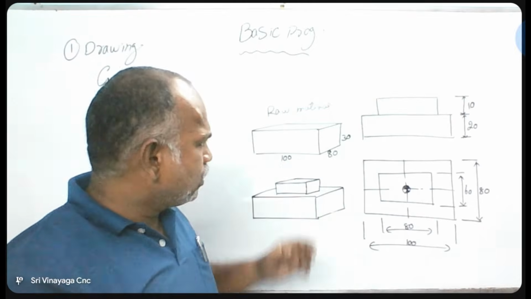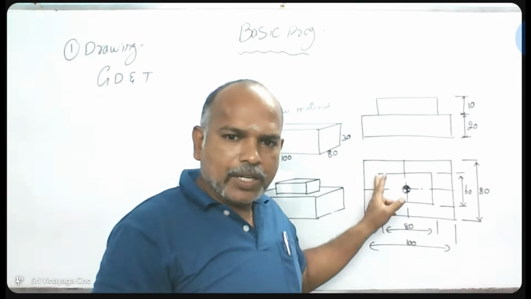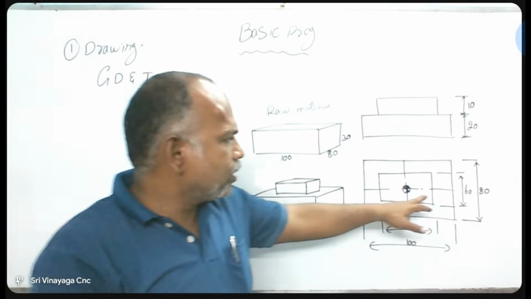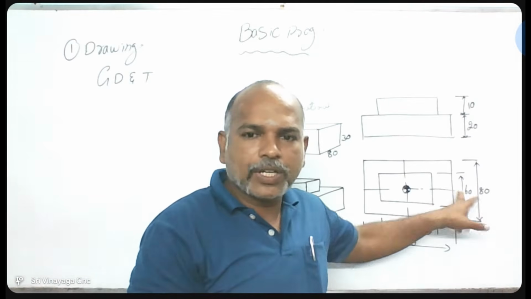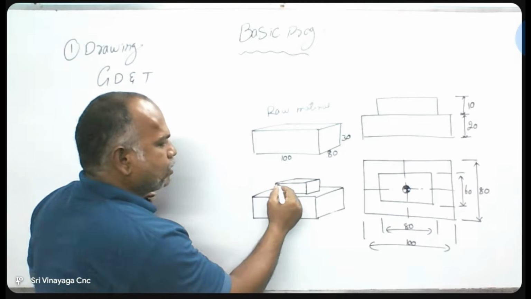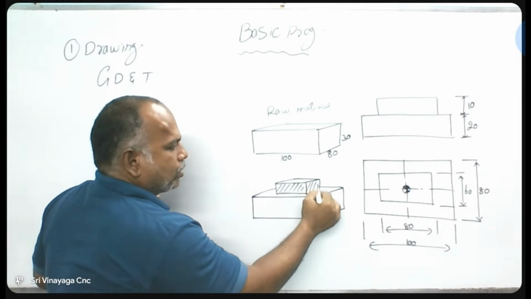Suppose we are cutting 80 mm. Here inside we should cut 80 into 60, this is our cut, with 10 mm depth. This portion is our cut area.